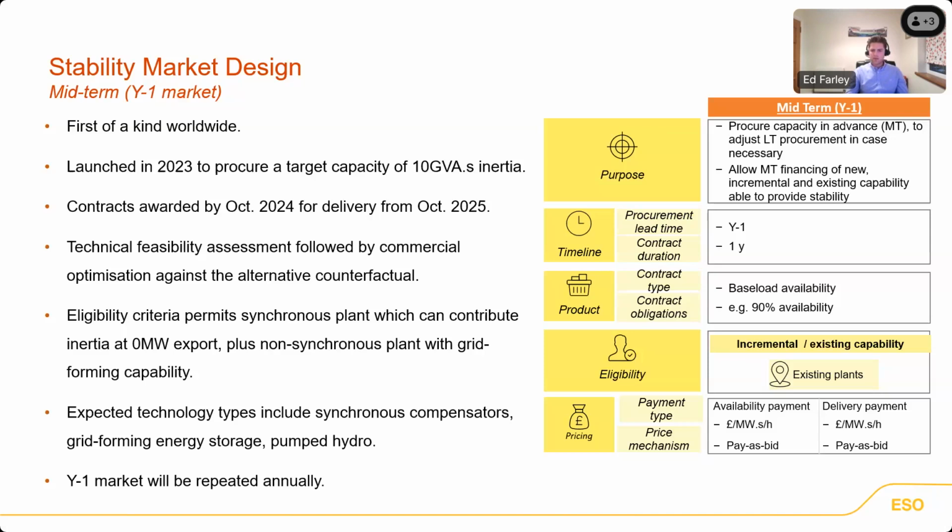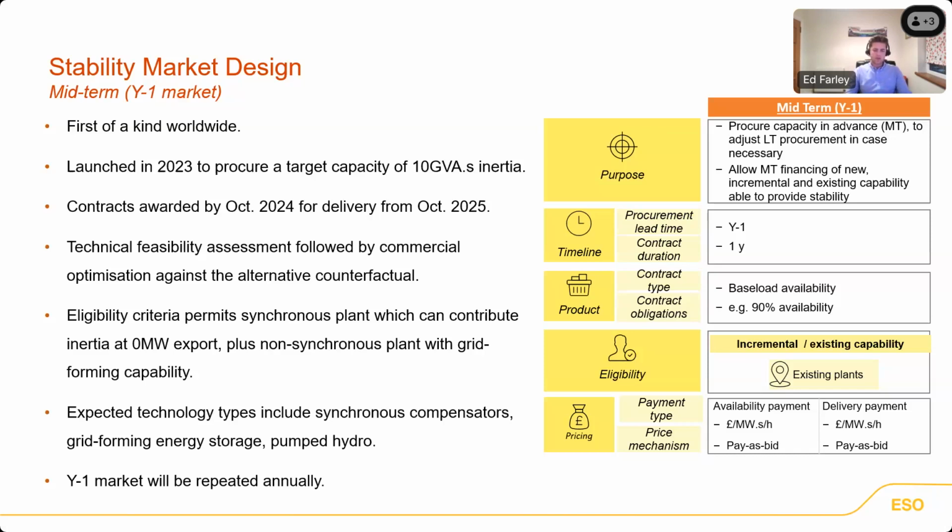From the first delivery year, which will commence in October 2025, we're seeking to procure a target capacity of 10 GVA seconds of inertia, and this will help us meet shortfalls across the year, which we typically observe in our modelling of somewhere between 5 to 15% of the hours of the year where an inertia shortfall exists below that minimum threshold that I mentioned.